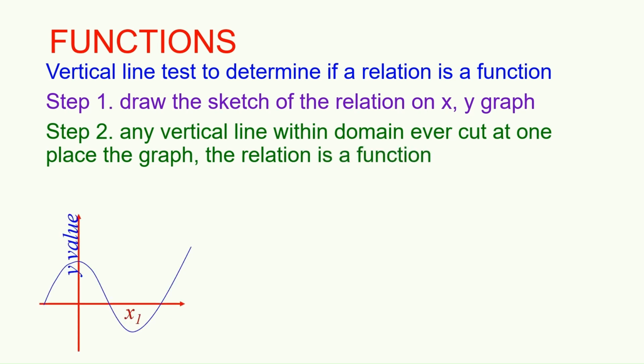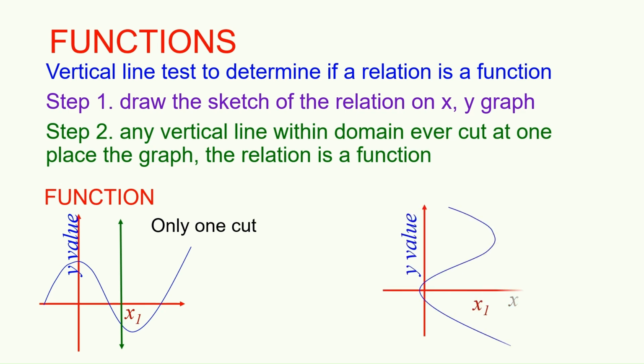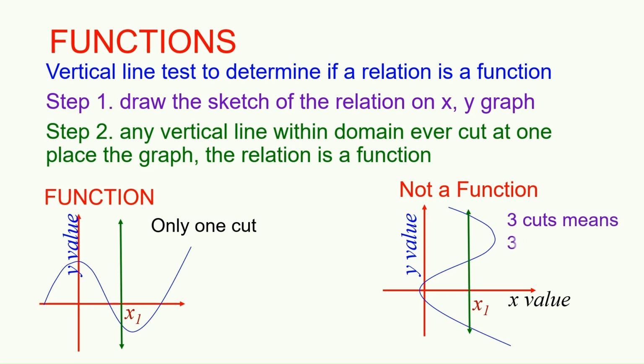Note in the diagram of a function, there is clearly only one cut. To compare, we have another diagram where a vertical line makes multiple cuts. Three cuts means 3 y values for one value of x. Hence it is not a function.